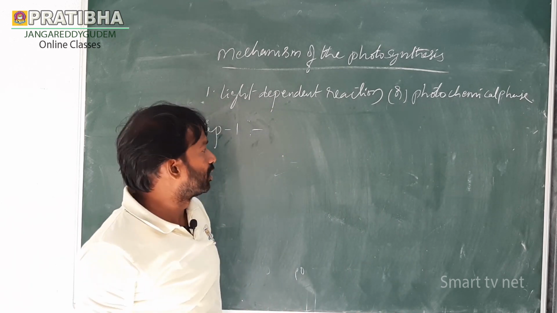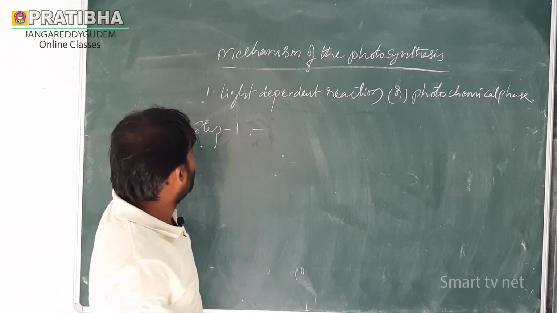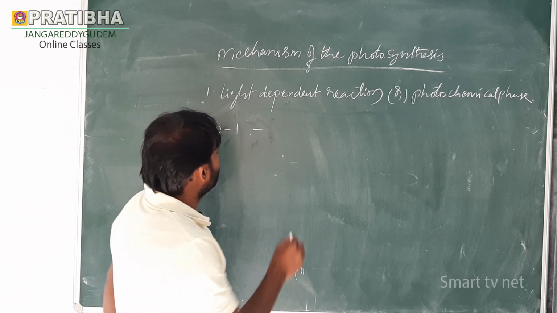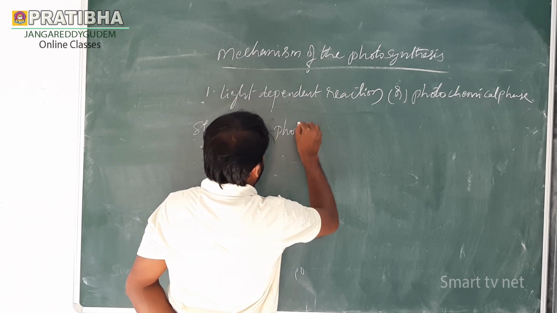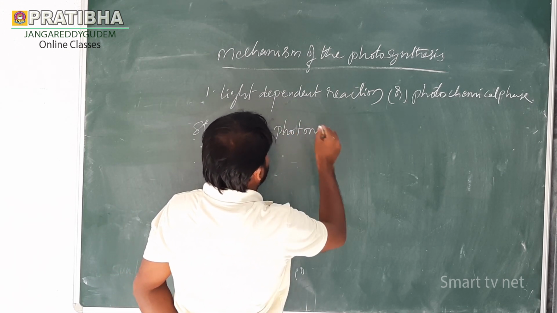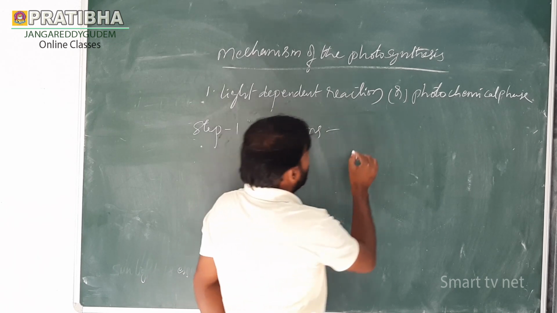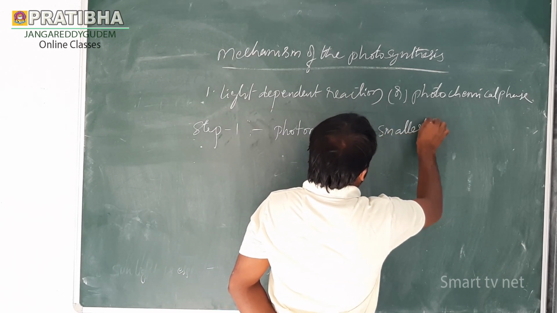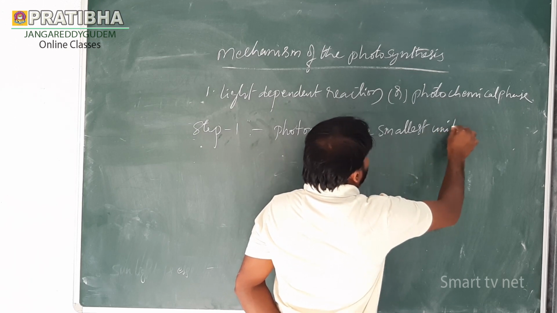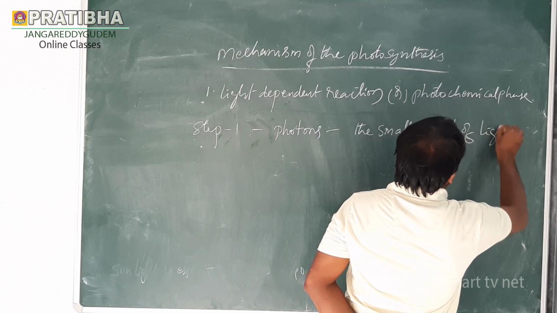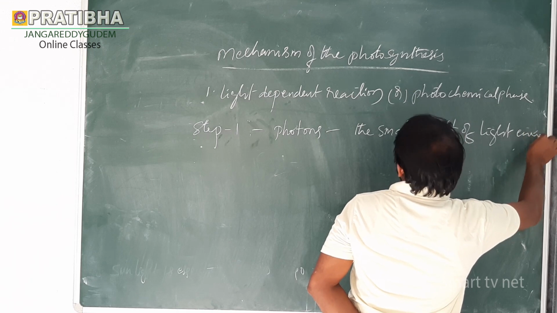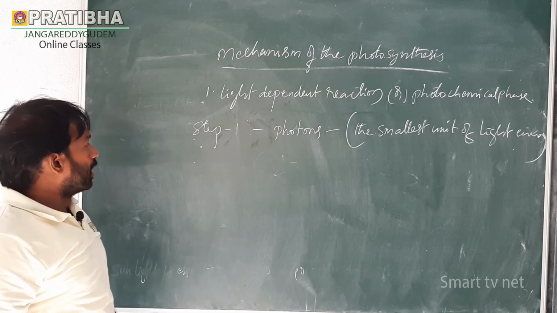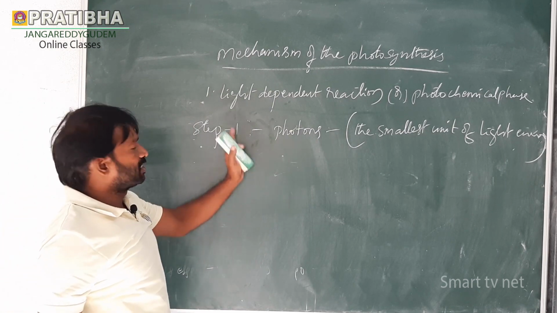The chlorophyll absorbs the sunlight in the form of photons. Photons are the smallest unit of light energy.